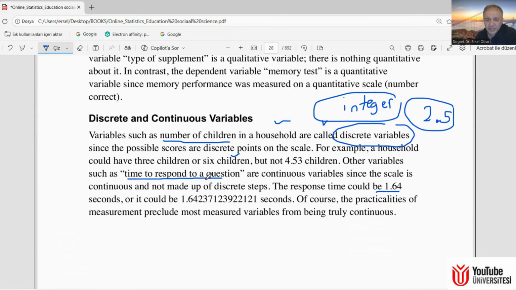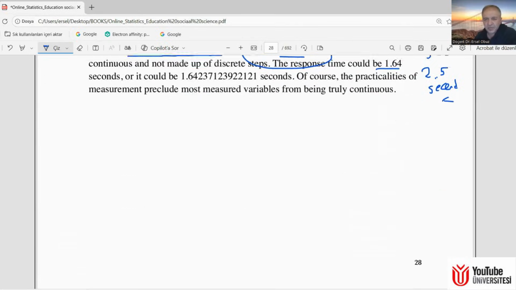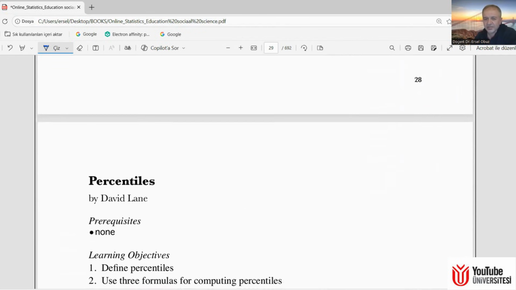Time to respond to a question is a continuous variable, because we can answer the question in 0.5 seconds, or we can answer in 2.5 seconds. So this is called continuous variables. I hope this is clear.